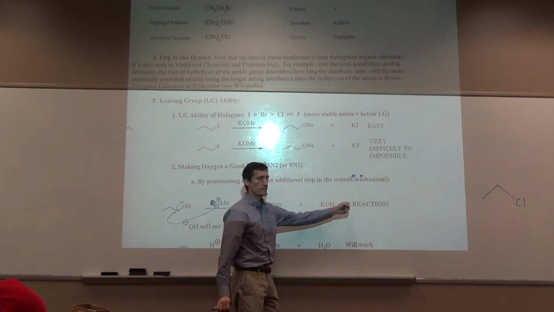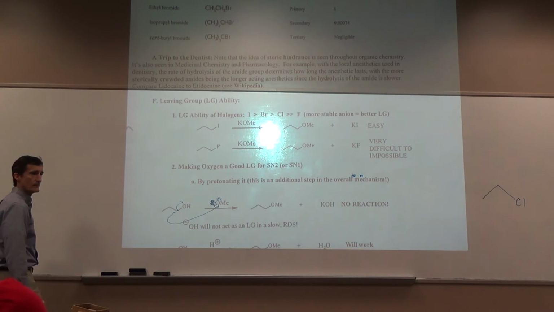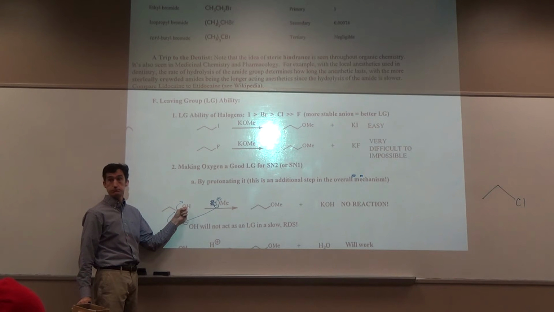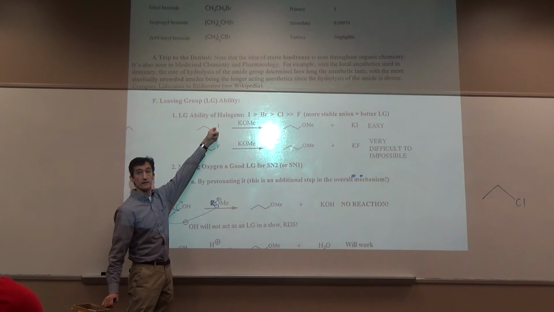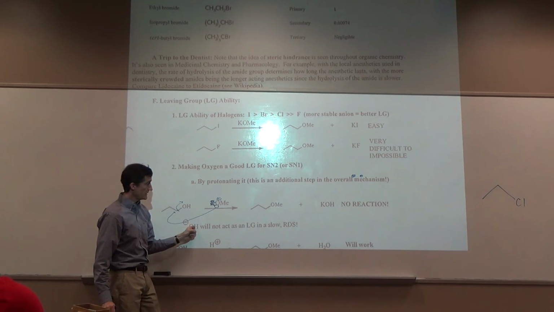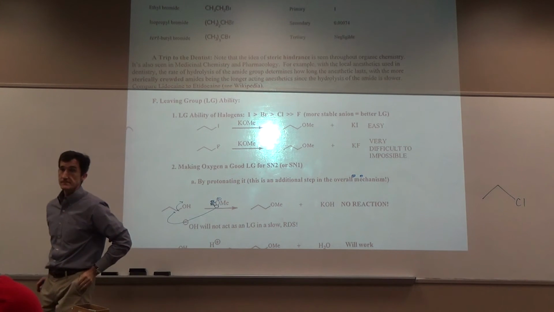Problem is, you're not going to get a reaction. That says that OH is a bad leaving group. Because it does react with iodine, a good leaving group. Hydroxide will not act as a leaving group in a slow rate determining step.